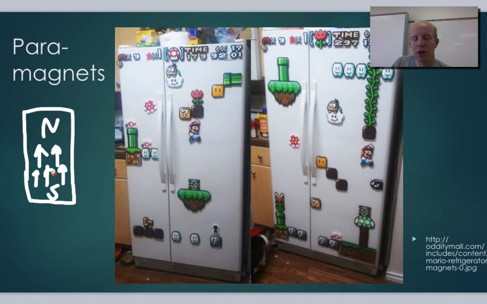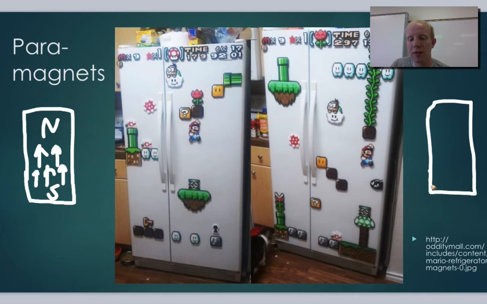And it's always that way. It always has that magnetic property. In comparison to paramagnetic, normally the object just has its magnetic fields pointing in all sorts of directions. There's no rhyme or reason to it, so it's not going to have any magnetic properties.